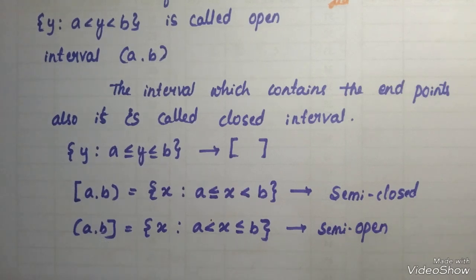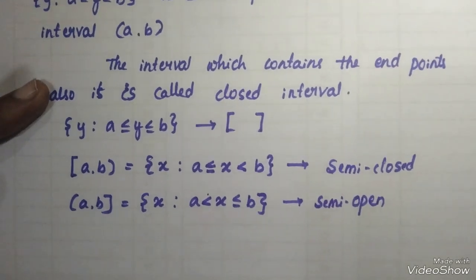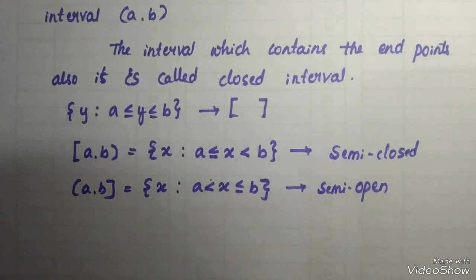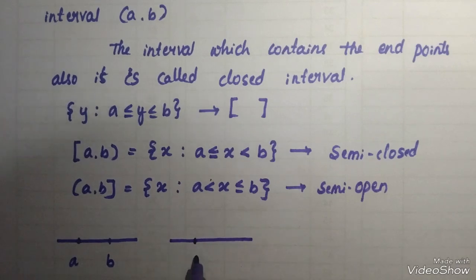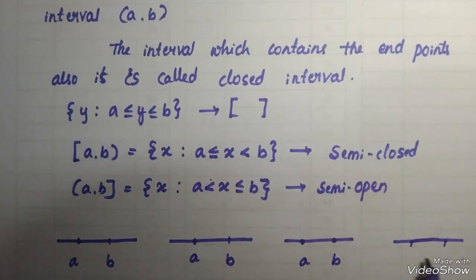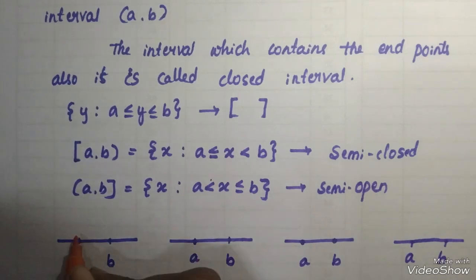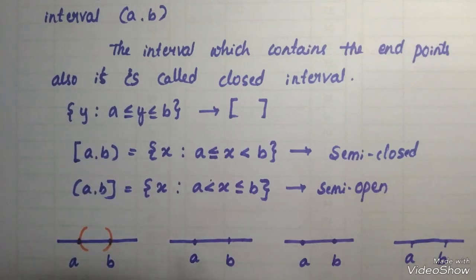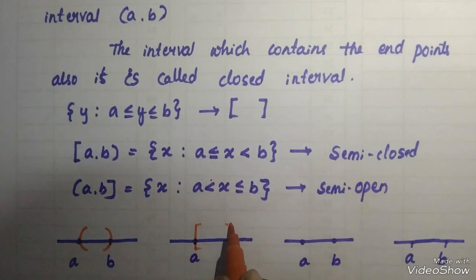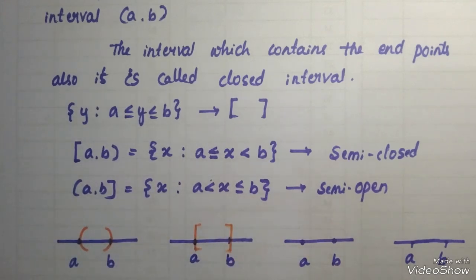Usually we have to represent these diagrammatically. Here there is a point A and B. Closed interval means the elements A, B are included. Open interval means A, B are not included.